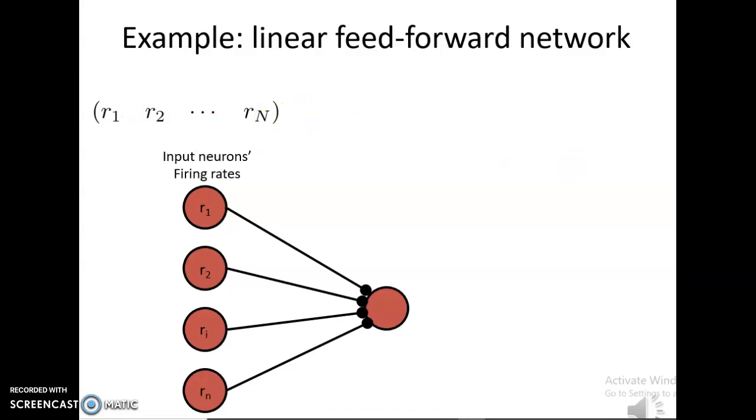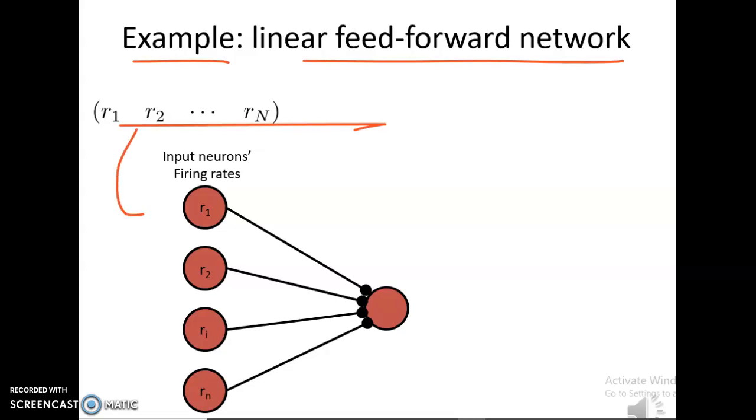Example: linear feed forward network. Input neurons with firing rates R1, R2, up to Rn. This is one row here.